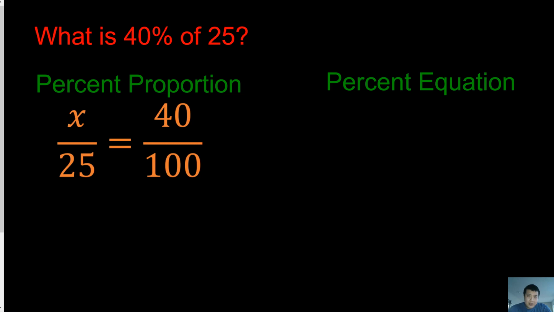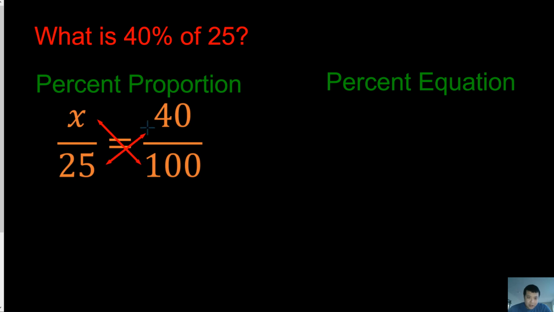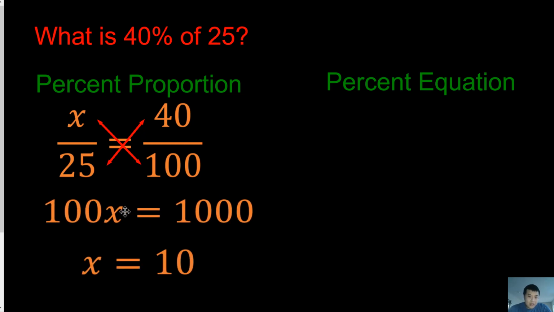And again, we're going to cross multiply these two parts, and what we get when we do that is 100x equals 1,000, because 25 times 40 is 1,000, and then we divide both sides by 100.